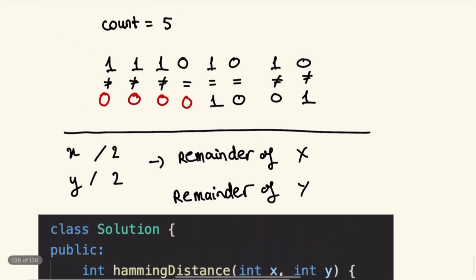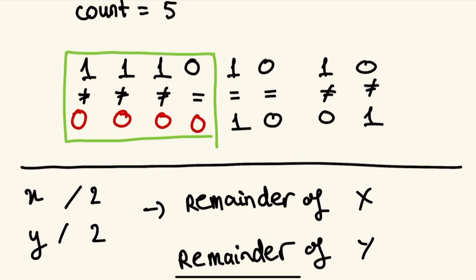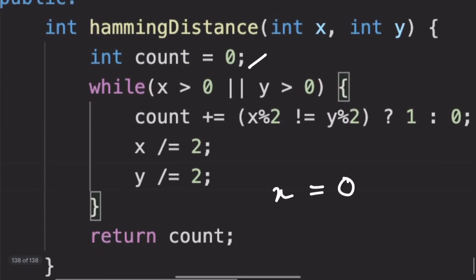Let's assume that y here is a smaller number, so if y equals 0, it's going to stop here. So we cannot compare those numbers at the front, and that would not give you a correct result. So what we have to do is put an OR here.